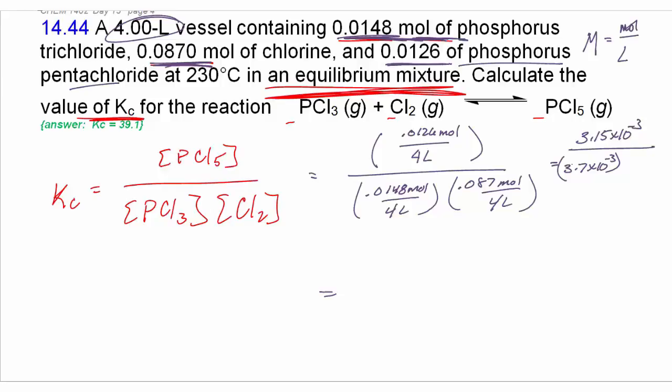And 0.087 divided by 4, you get about 0.02175. Okay, so let's take 3.15 times 10 to the negative 3 divided by 3.7 times 10 to the negative 3 divided by 0.02175. I get about 39.1.